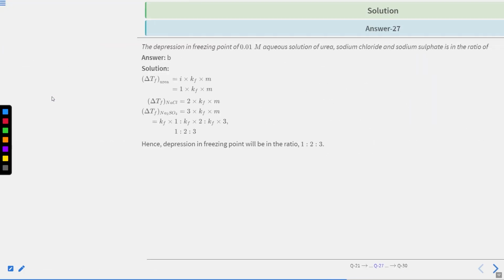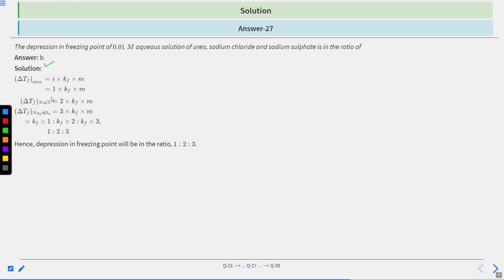1:2:3. So let's see. We have ΔTf for urea. Depression in freezing point for urea is i into Kf into m, where i is the van't Hoff factor, right? For urea, the i value is 1, Kf will be Kf, m will be m.